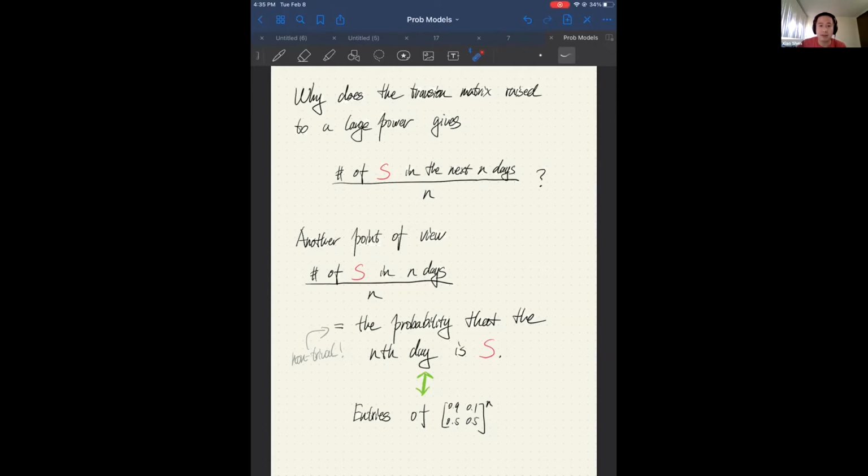Okay. And yeah, so now maybe the equality is quite non-trivial, but hopefully I can convince you that if one of these numbers is close to 1, the other one should also be close to 1, right? So you can imagine in the first case, if the ratio here is really close to 1, this just means in the next n days, we'll see a lot of sunny days, right? So there will be just very few cloudy days.